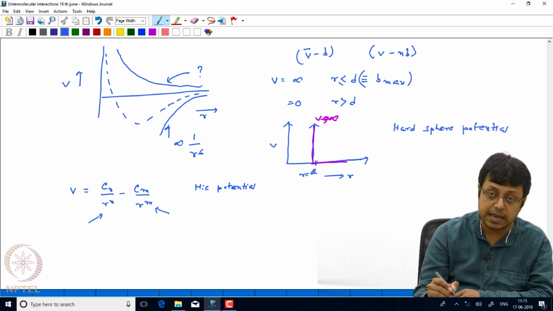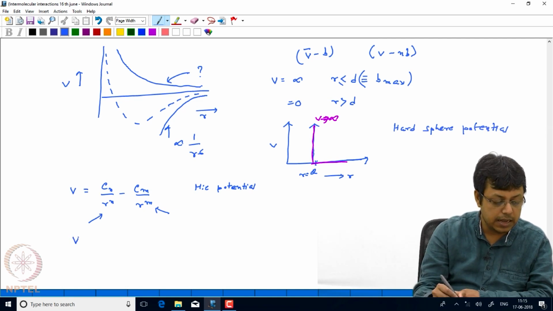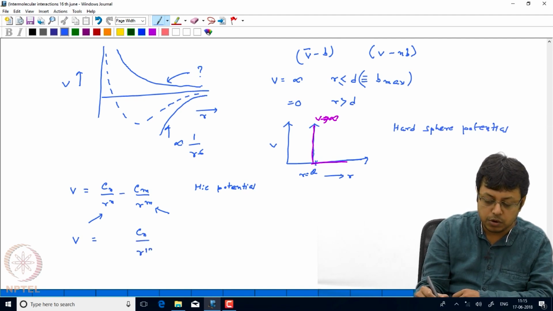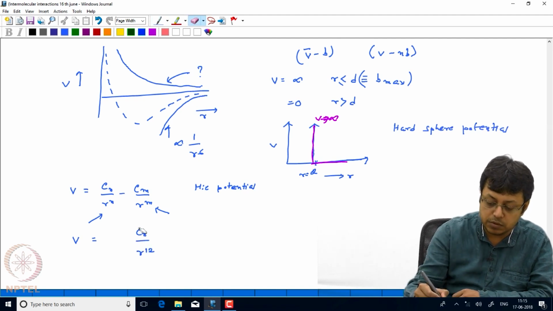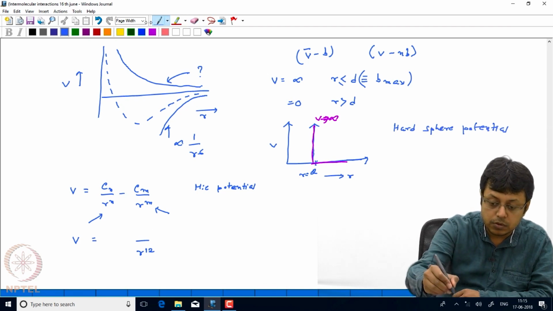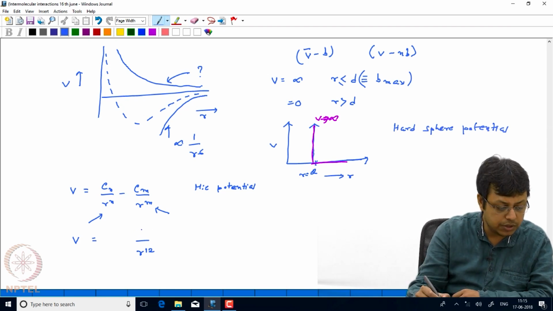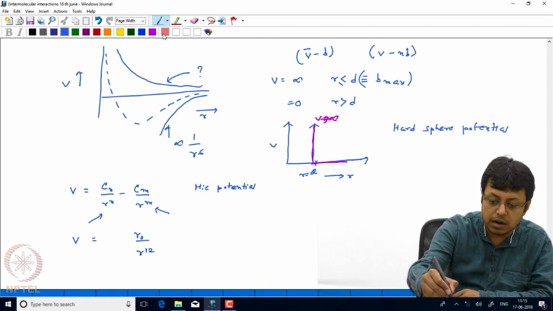Now one special case of the Mie potential is when we consider the repulsive part varying as 1 over r to the power 12. So instead of C notation, we just write it in terms of r. We write it as r0 over r to the power 12.